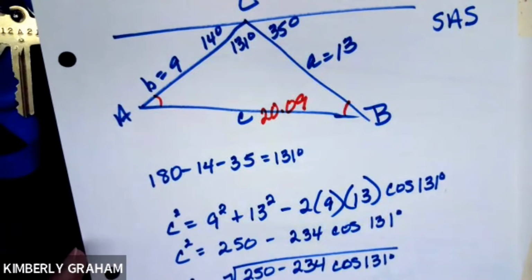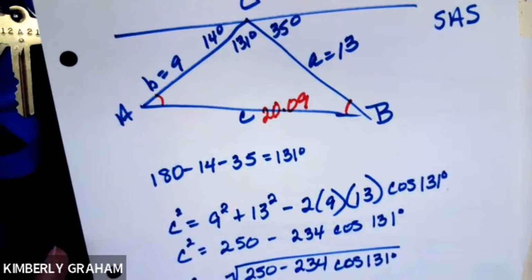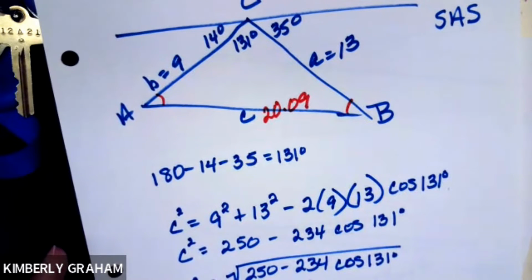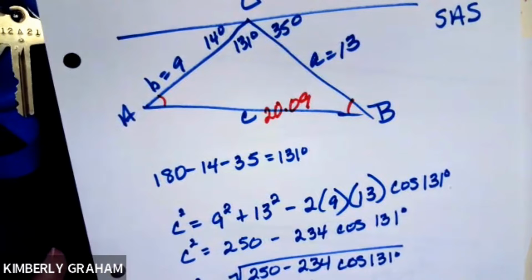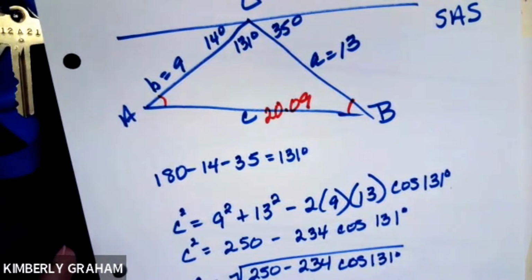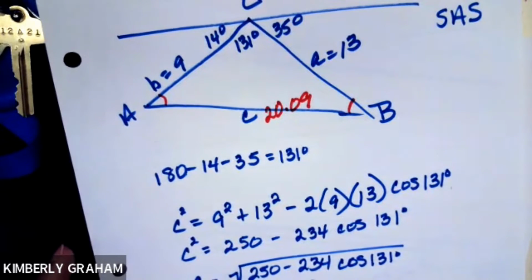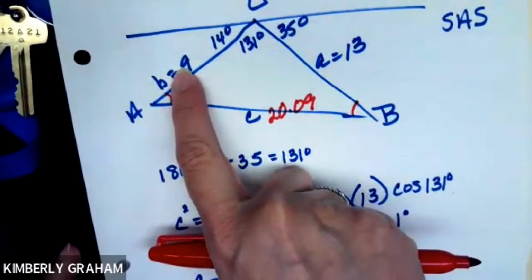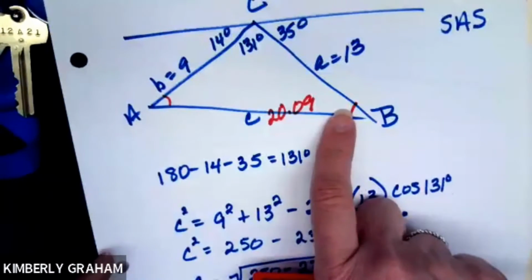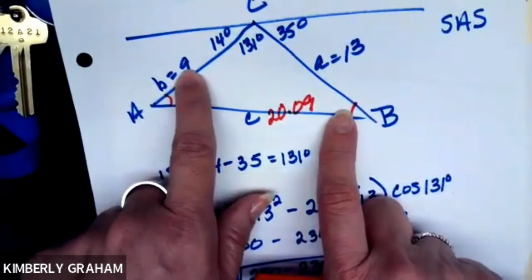And we had said that if we wanted to try to avoid those situations where there's two possible angle measures, then what we would want to do next is to find the angle opposite the shorter side. So we would want to find angle B because it's opposite 9.